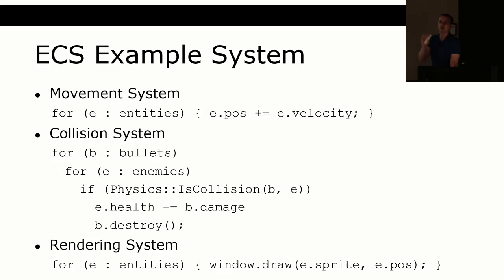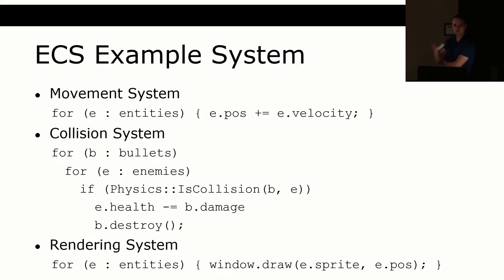So you don't need separate functions on each possible different thing. The collision system might say, for each bullet in my game, for each enemy in my game, if there's a collision between the bullet and the enemy, take the bullet's damage, subtract it from the enemy's health, and destroy the bullet.